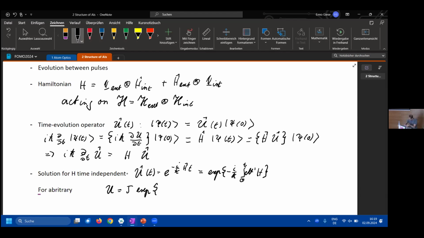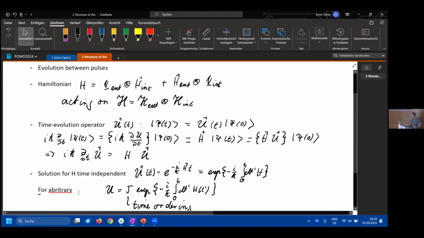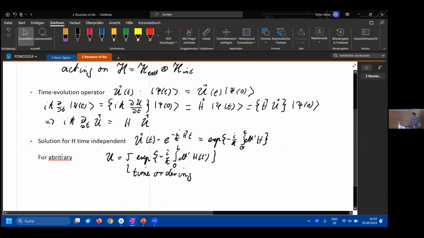It is minus i over h bar, integral from 0 to t, dt prime H of t prime. And this is time ordering. This morning we made our life easy and simple because we just worked with time-independent stuff, and we will continue to do so.